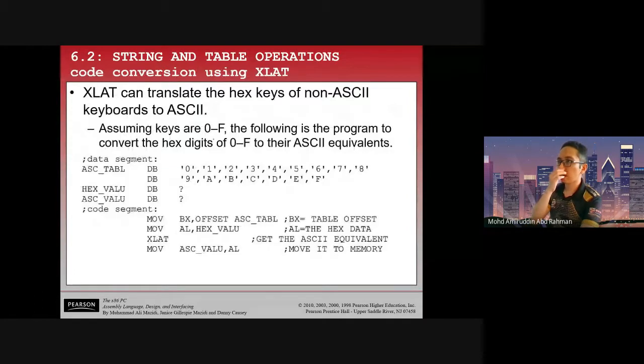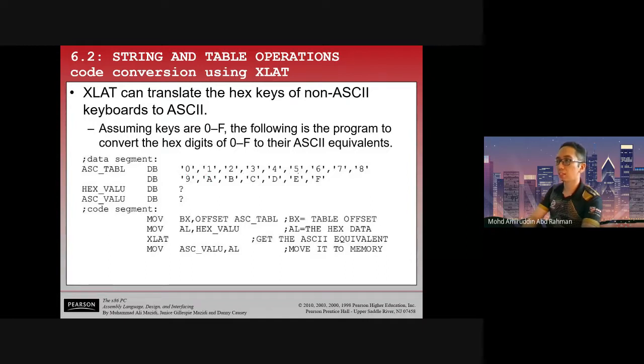XLAT can also translate the hex key of a non-ASCII keyboard to ASCII. So assume that program, we have the keys of 0 to F. The following is the program to convert the hex digit of 0 to F to their ASCII equivalent. So this is what we have for our ASCII, right?